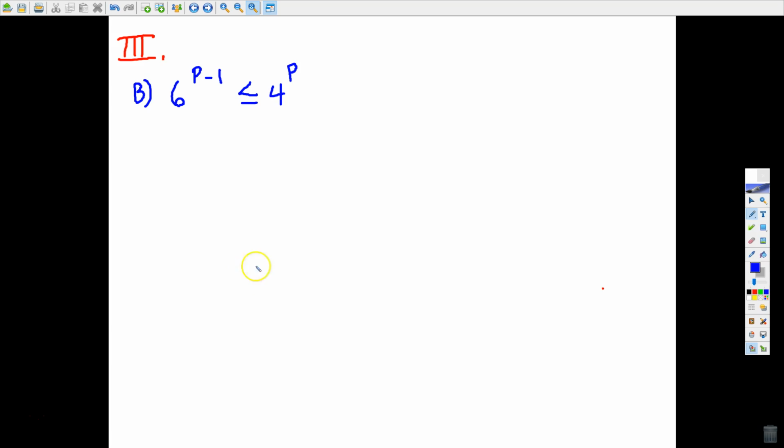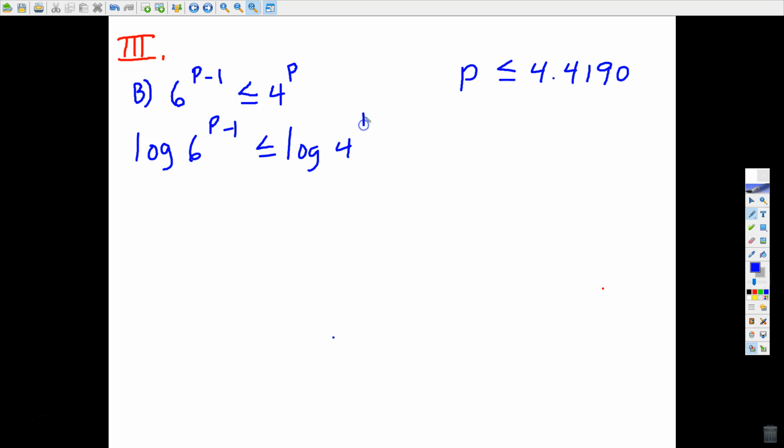Okay, I'm going to give you about a minute, and I want to see if you can come up with the answer, and then we'll come back together. All right, so once again, we're going to do log on both sides. And I'm going to use the power property on both sides.